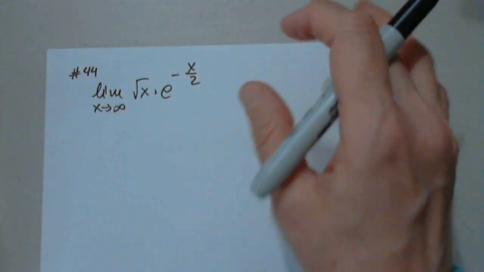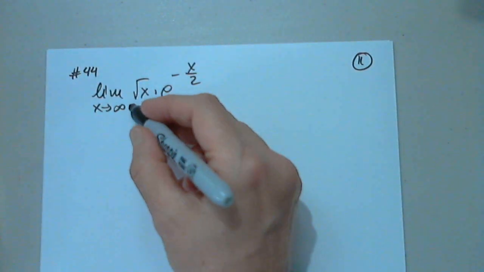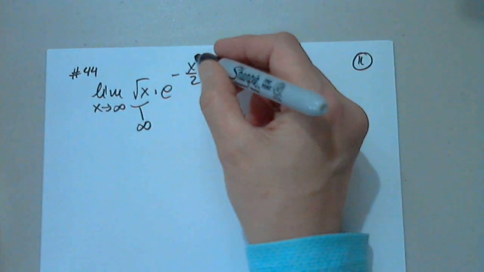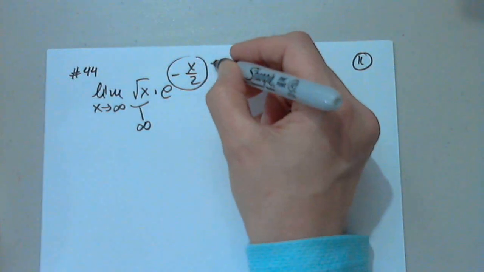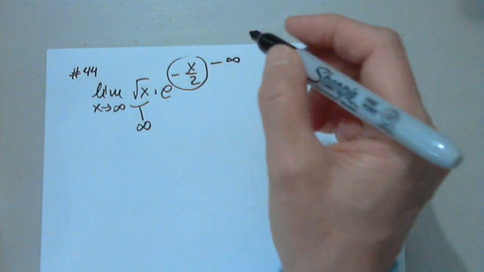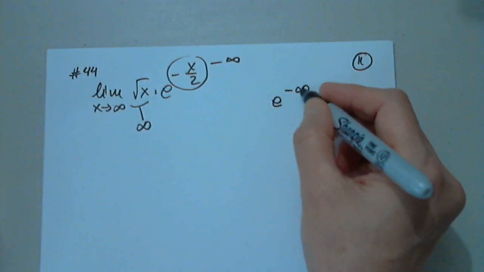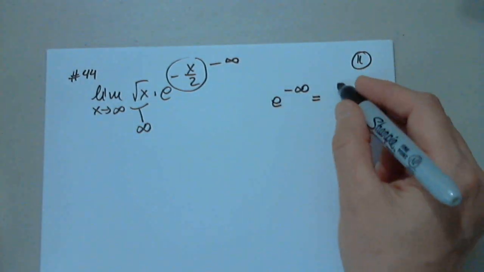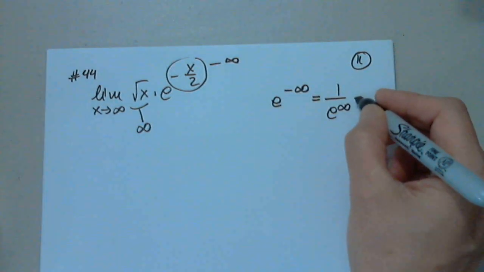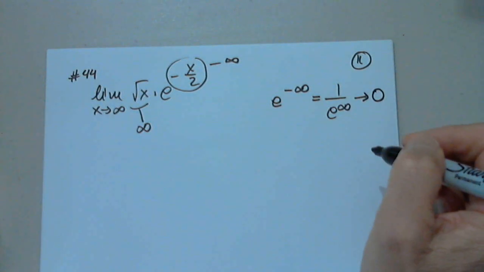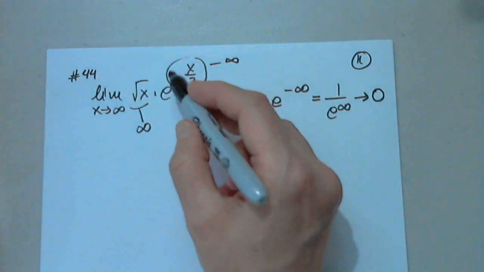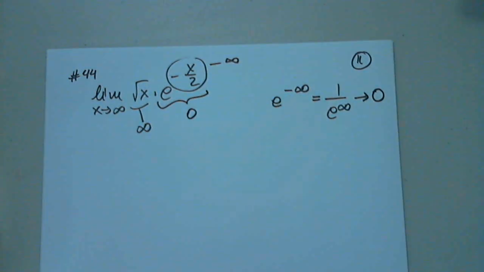Like always, we have to plug it in so we see what it is. And of course, this approaches infinity. This approaches negative infinity, and as we know, e to negative infinity, I shouldn't write this, but I have to, is 1 over e to infinity, so this approaches 0. So this whole thing approaches 0. So what does this mean?